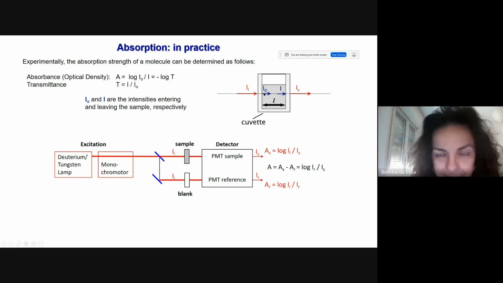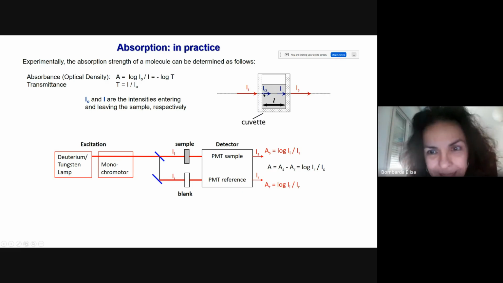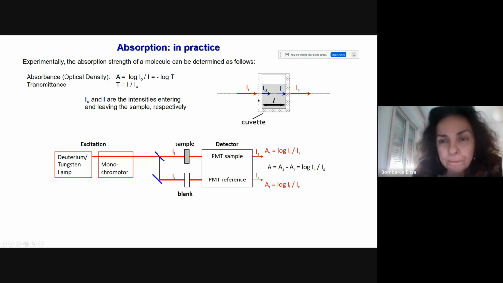In reality, what illuminates the cuvette is the blue arrow, the light involved in interaction with the matter, because the cuvette is made transparent, but it will never be perfectly transparent to the wavelength.